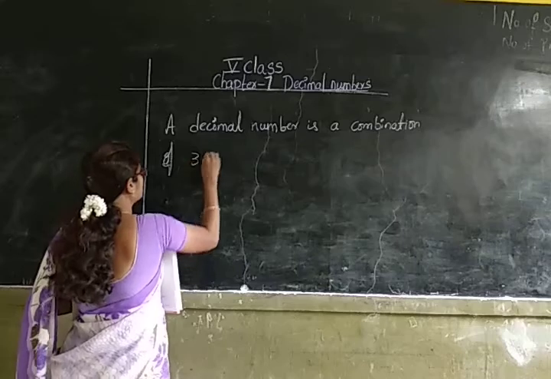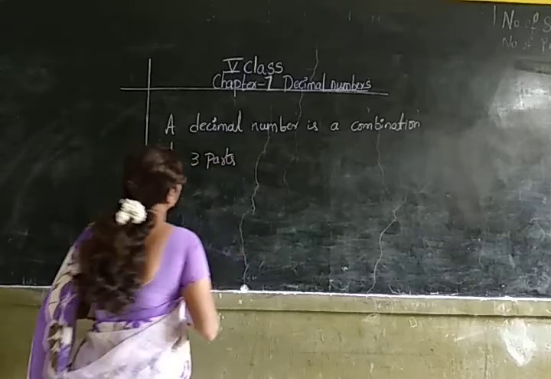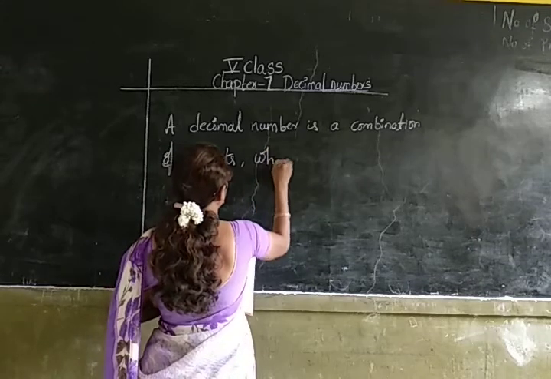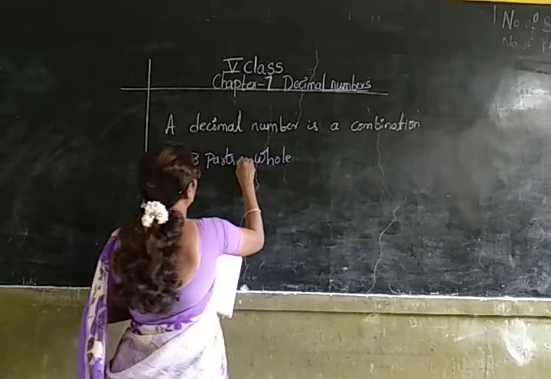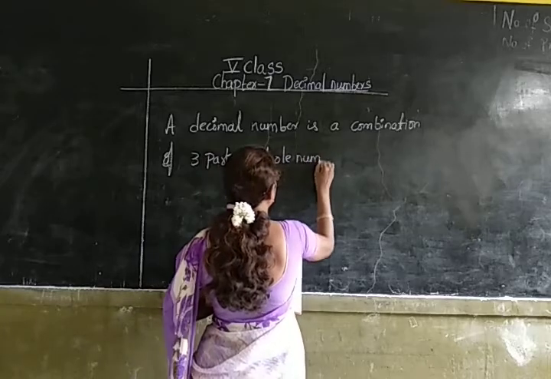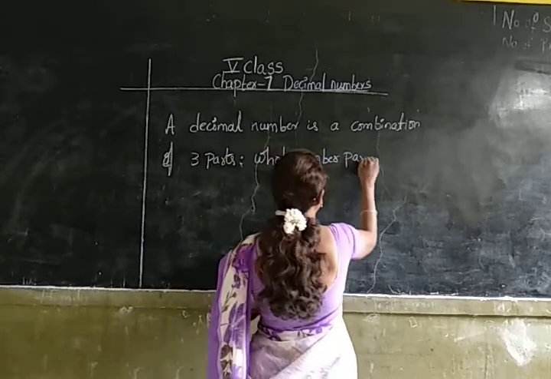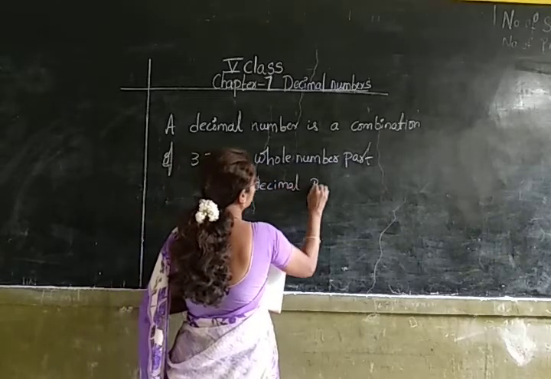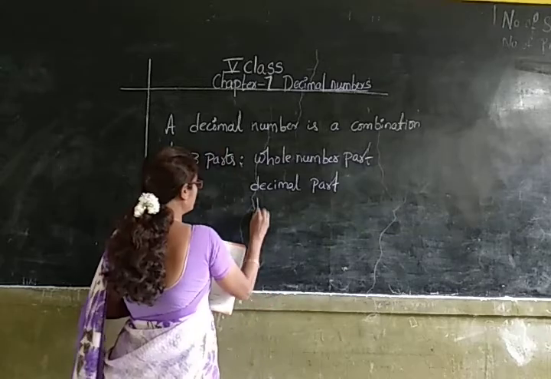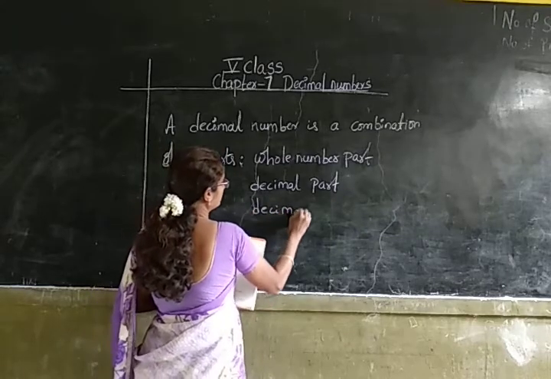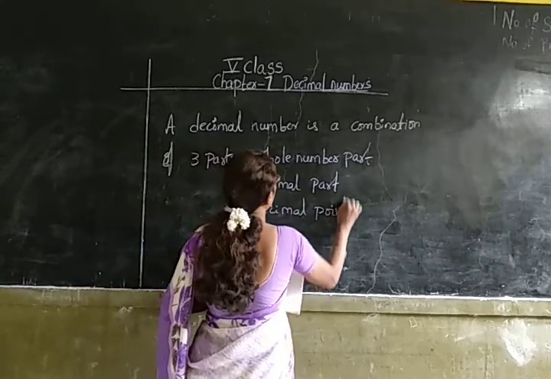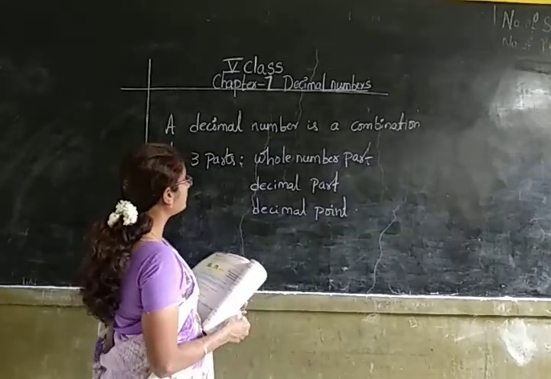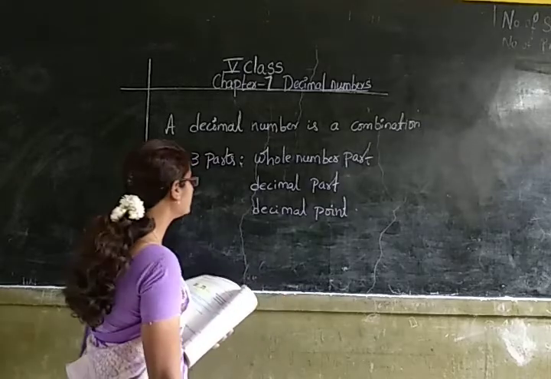One is the whole number part, second is the decimal part, and third is the decimal point. Okay children?